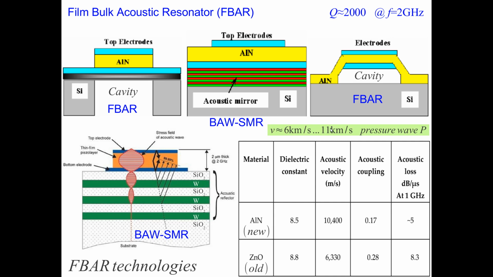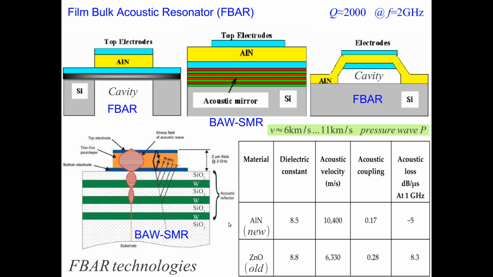Also, the acoustic velocities are higher, so we can go to higher frequencies due to the higher acoustic velocity, and the acoustic coupling is also quite high, so we can make broader resonators than we could with quartz. So these other materials are being used here for these film bulk acoustic wave resonators.